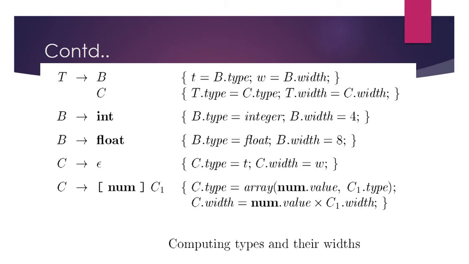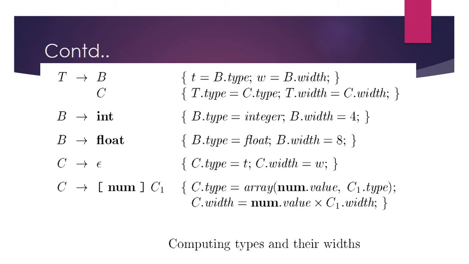The data type declaration produces basic data types and collections of variables. The data type is given here as T. B refers to the basic data type and C refers to a collection of items. The basic data type may be integer or float, so B produces int or float.